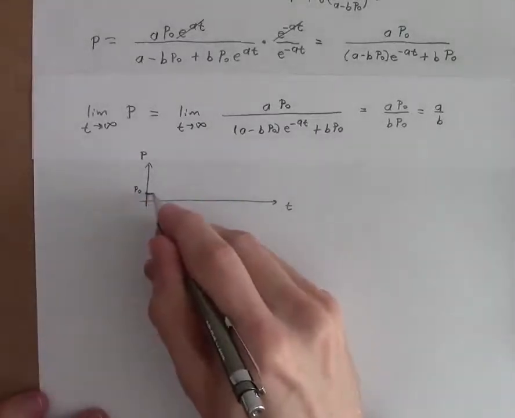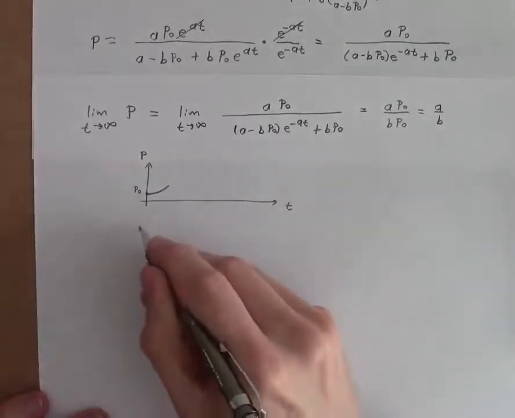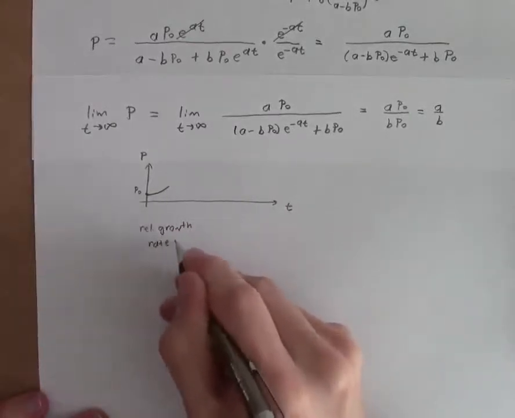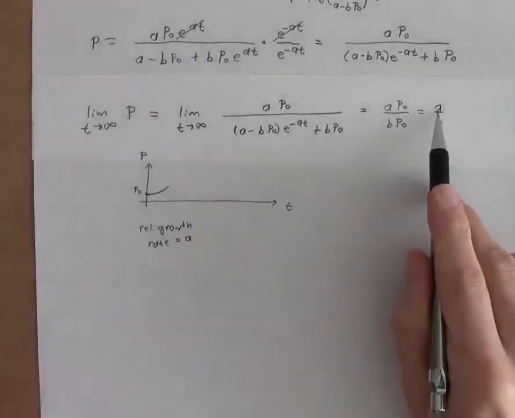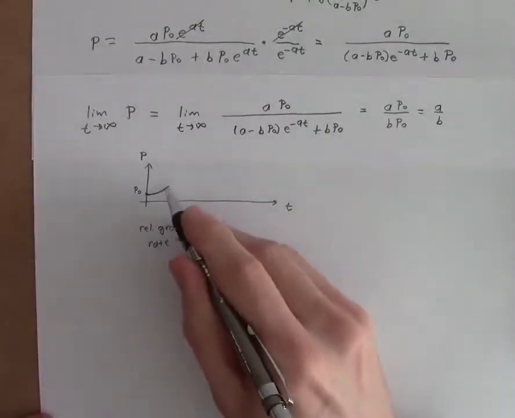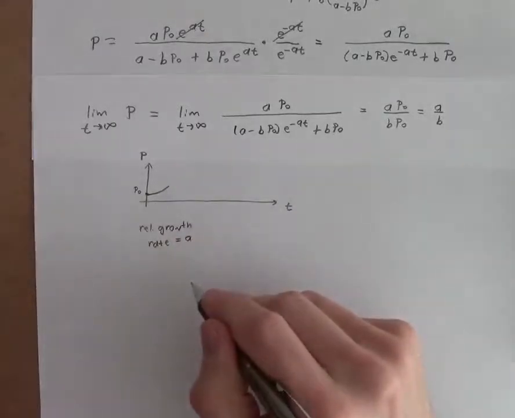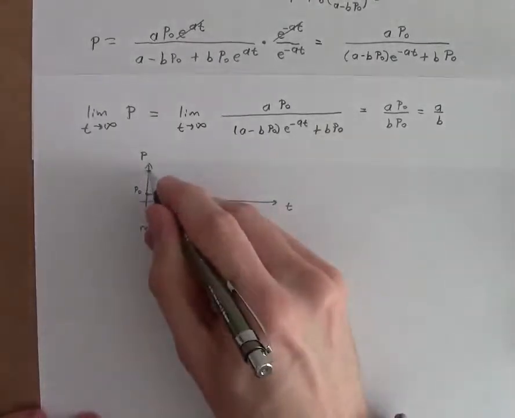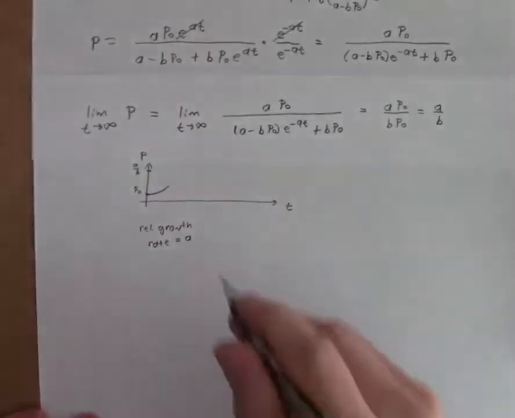And for a while, it grows almost exponentially, where the relative growth rate is a, or at least approximately equal to the a that we had over here. But then as we go along, this begins to slow in its growth rate. So there's an upper limit which we approach.